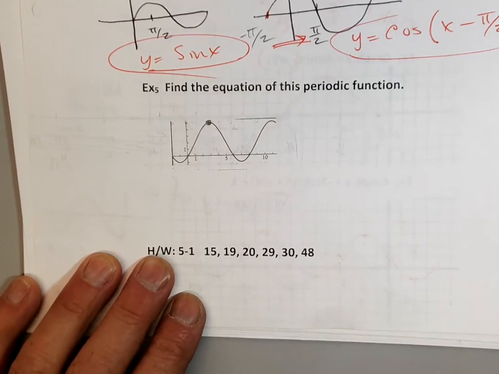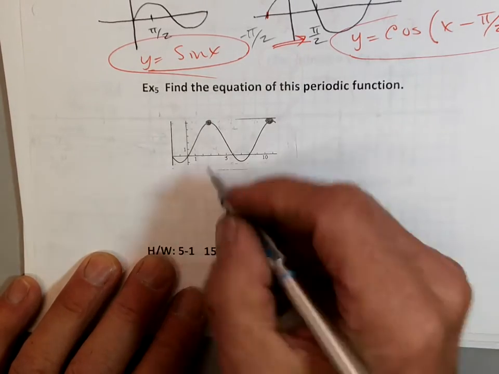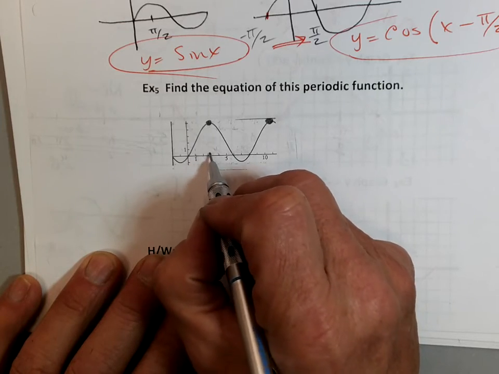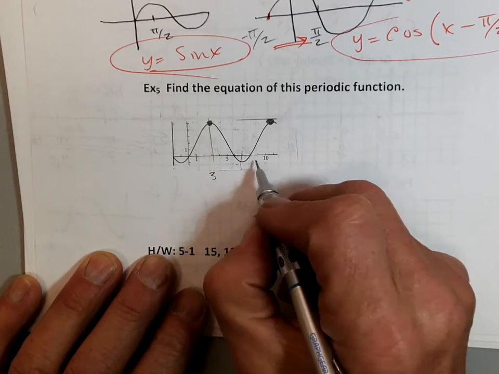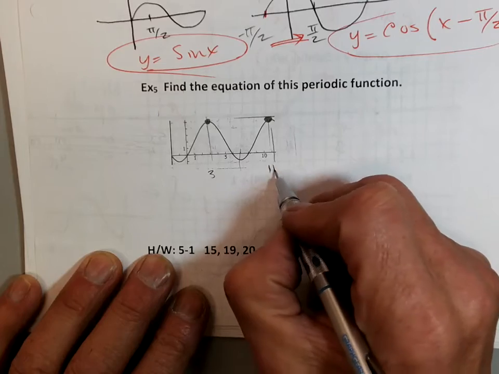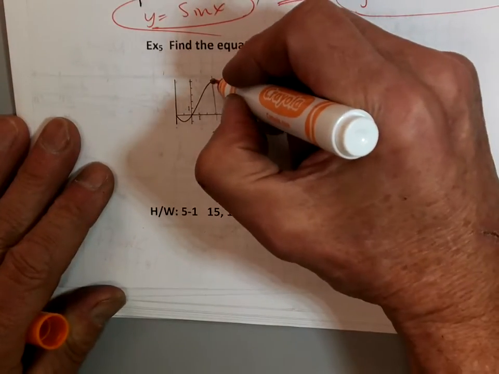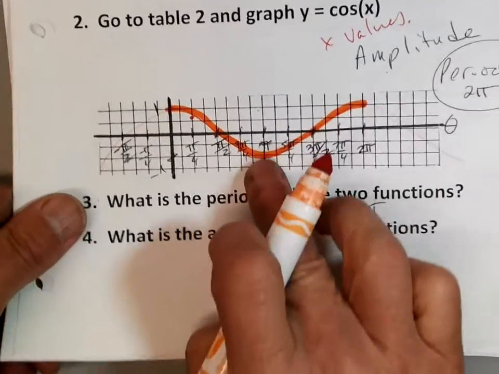I want to call this a cosine curve. 1, 2, let's see, I think it's right at 3. 4, 5, 6, 7, 8, 9, 10, I think it's 11. So one cosine curve. There it is. Hey, that does look like that, doesn't it?